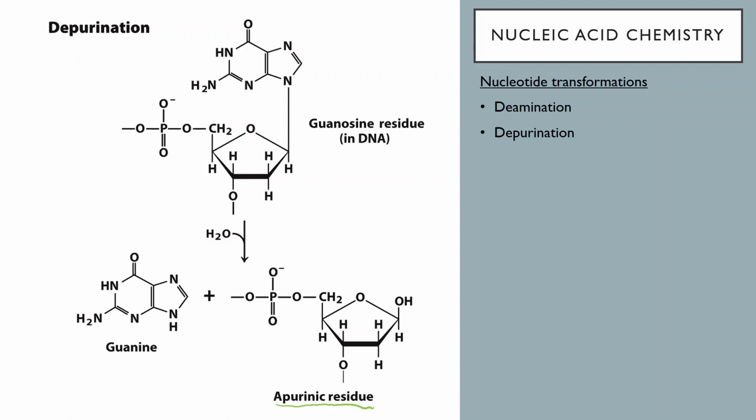So there's just no base at all. And again, this can lead to mutations because if the apurinic residue is present when the strand is being copied, then sometimes just a random base will get added across from that now empty spot, and it will have the same effect as there being a missing base there, or having a mutation there.